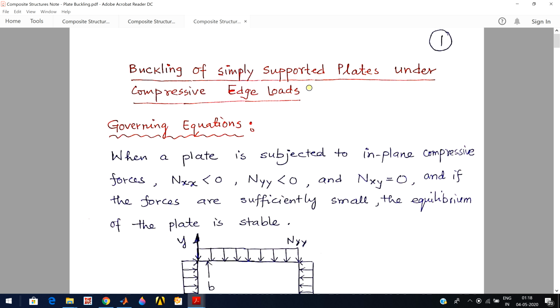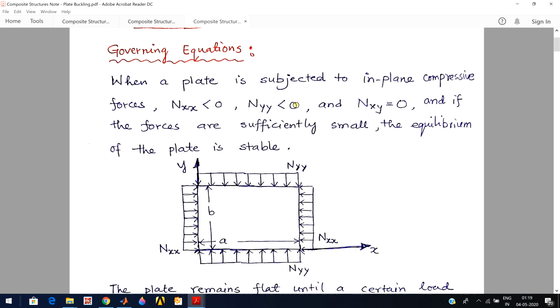So that Levy method will be applicable to plates where the two opposite edges will be simply supported, and the other two edges will be either free, clamped, or simply supported. And I will consider only the specially orthotropic laminates in this lecture, and the governing differential equation for the specially orthotropic laminates with two edge loads nxx and nyy.